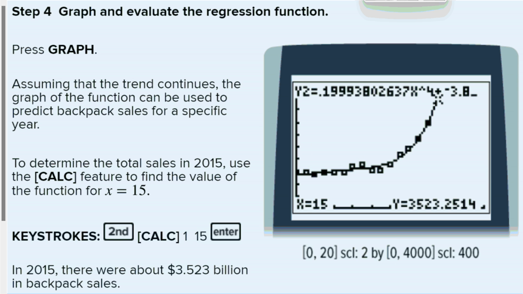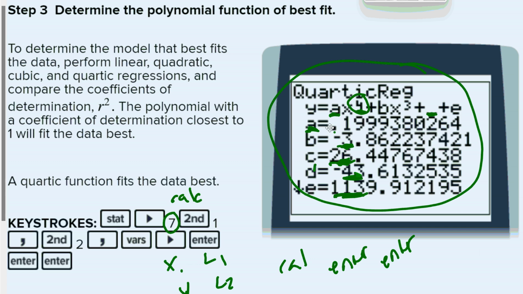Then you can write your equation that represents it, and you can calculate anytime. For example, what's going to happen in 2015? I can use this equation by plugging in my a, b, c, d, and however many you have until you get to your constant.